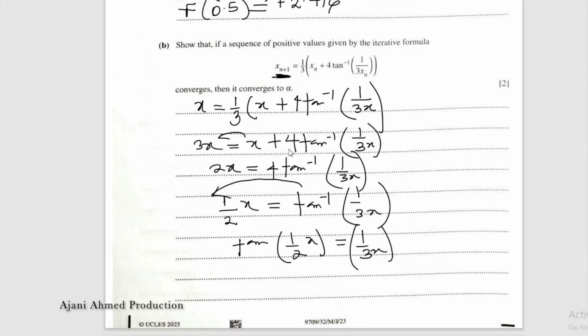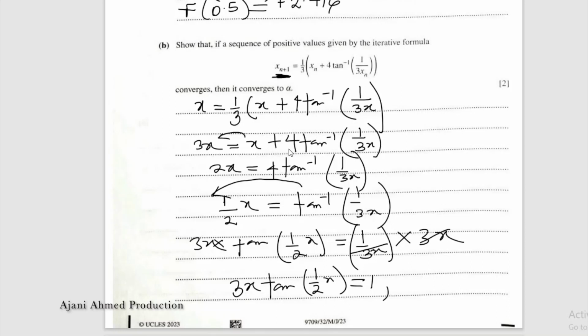So from here, multiply both sides by 3x. The 3x cancels. Then the equation now becomes 3x tan half x equal to 1.